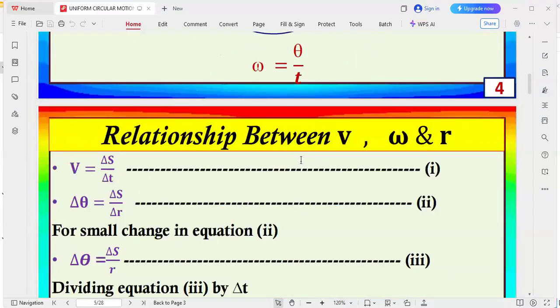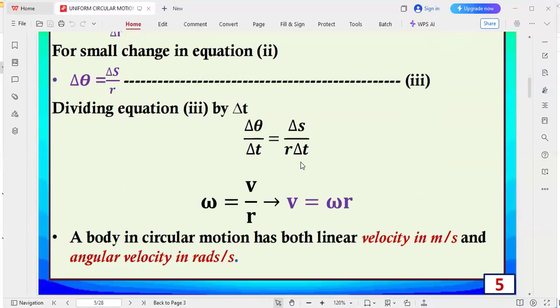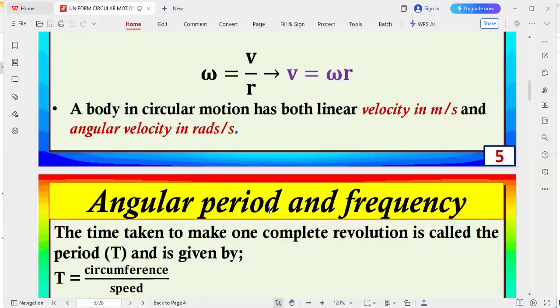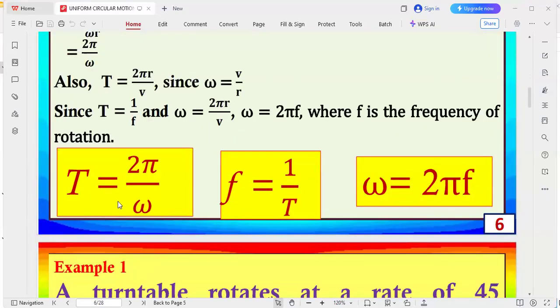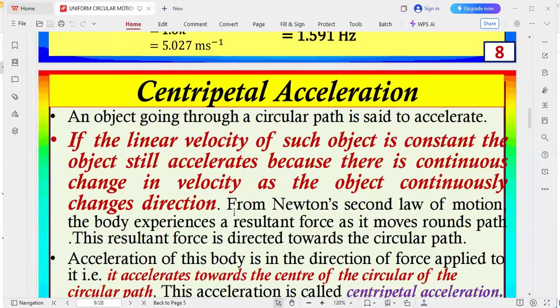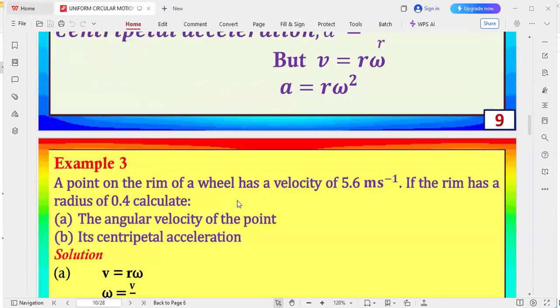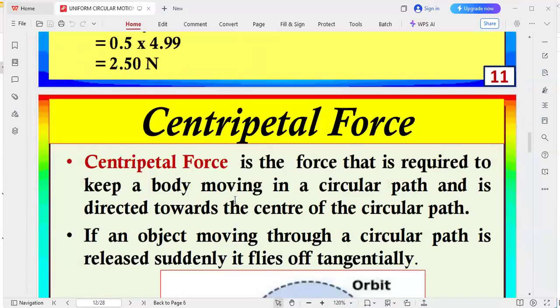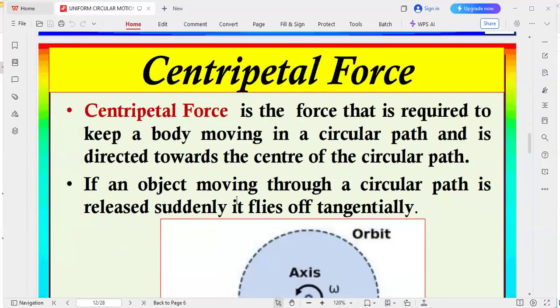And we also looked at various formulas, one of them being V equals omega R, therefore omega is V over R. We also talked about angular velocity as 2 pi over T, and also 2 pi F. After that, we talked about centripetal acceleration, which is A equals V squared over R. Then we talked about centripetal force, and we said that it can be expressed in 2 ways.